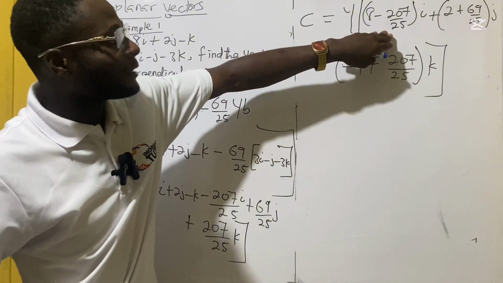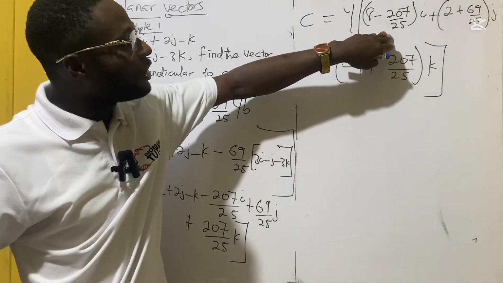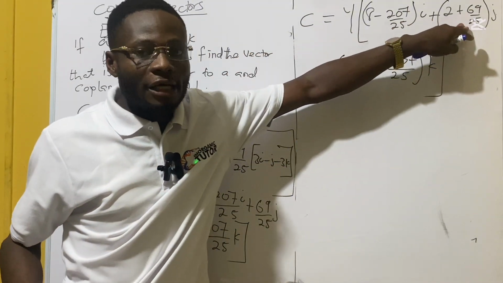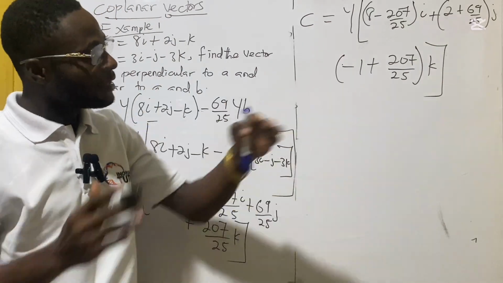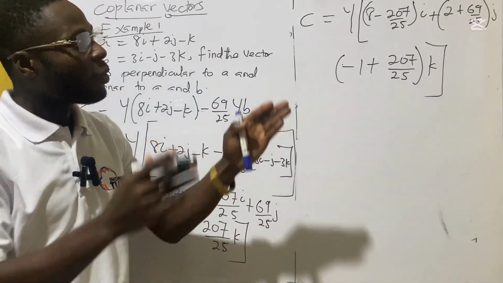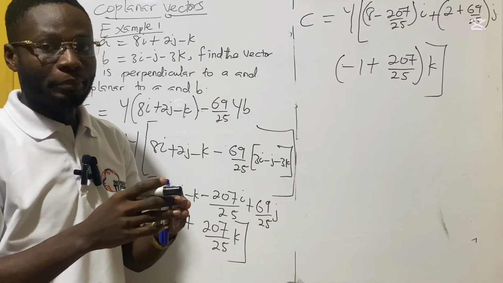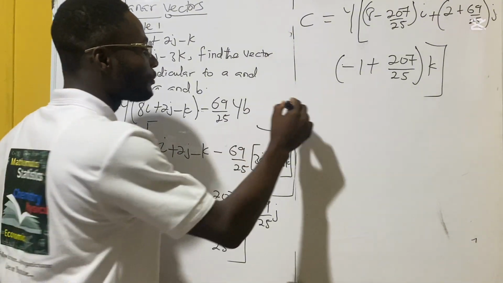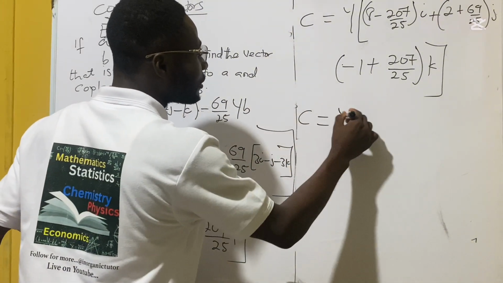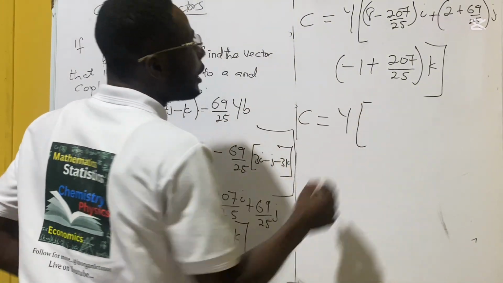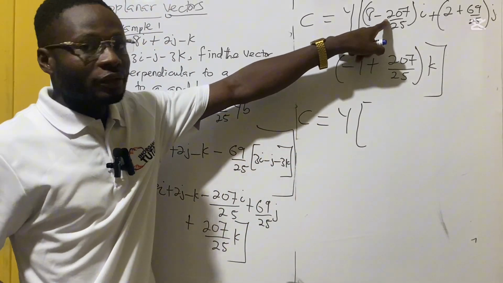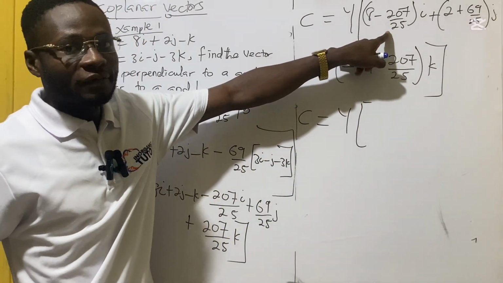So now we add the values in there, then we simplify what is inside the big bracket. So here we have C equals gamma into 8 minus 207 over 25.